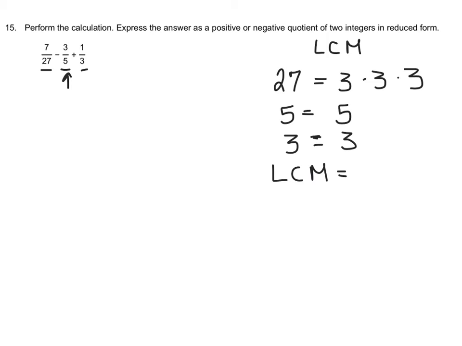So first I'll look at 27, and we have a factor of 3. So 3 appears 3 times in 27, and it appears 0 times in 5 and 1 time in 3. So the greatest number of times that 3 occurs in any of those numbers is 3 times. So I'm going to write down 3 times.